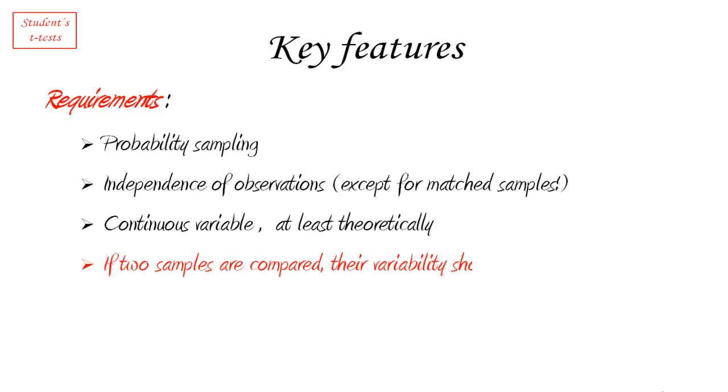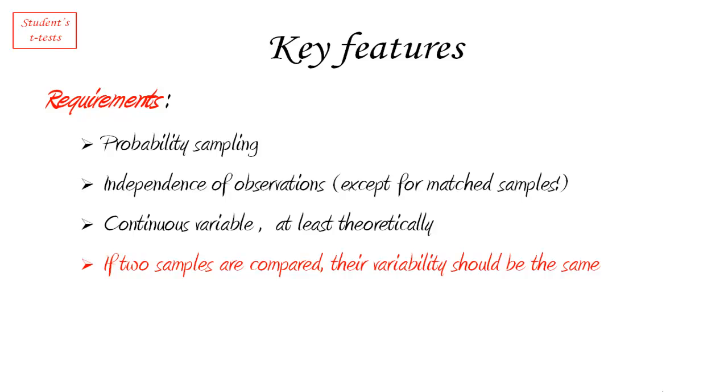Now, the next one is really important and often misunderstood or not checked. Okay, if two samples are compared, their variability should be the same. Remember that we're comparing averages, we're comparing means in particular, right? So what does variability have to do with it? Well, a lot.